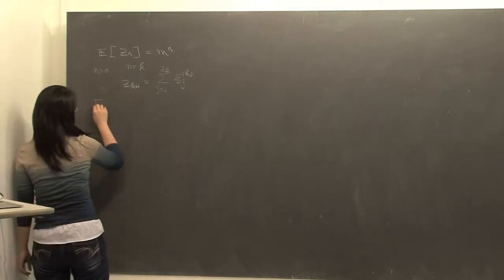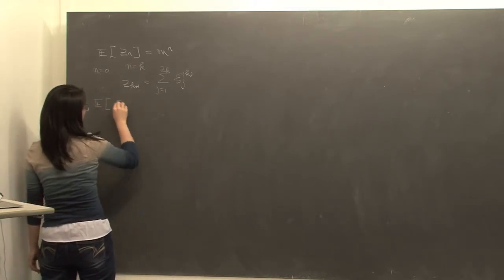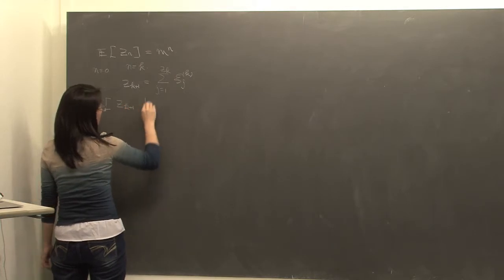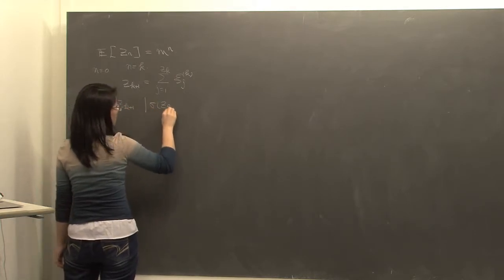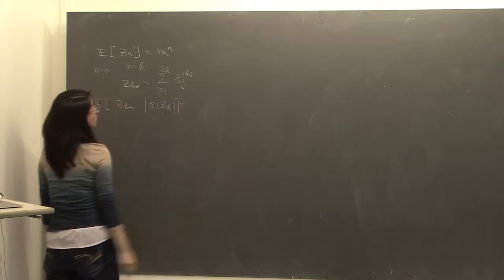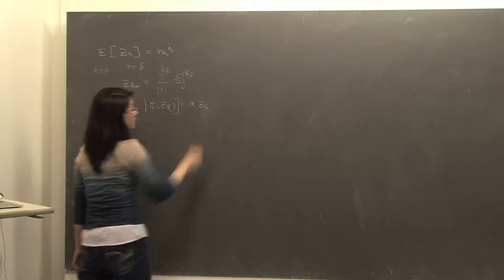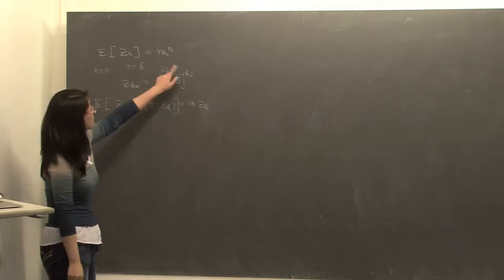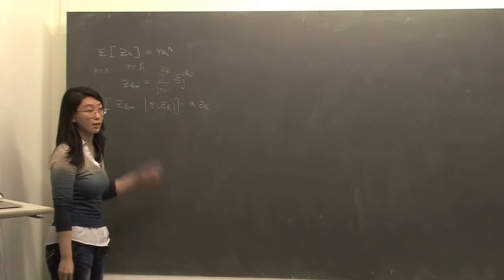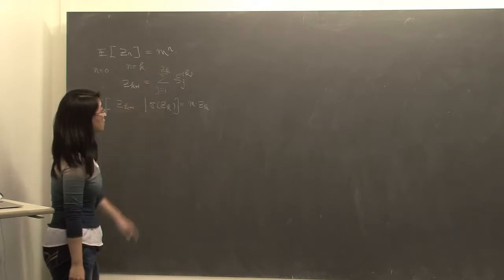So now we can see that the conditional expectation of Z_{k+1} given the information of Zk is just m times Zk, because each of them has mean m, and they are IID and independent of Zk.